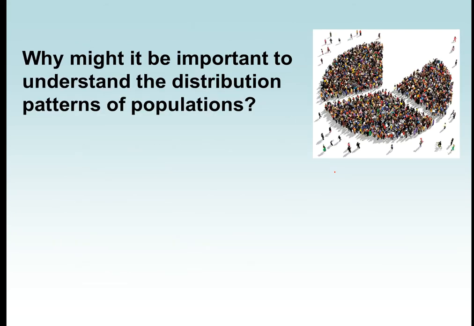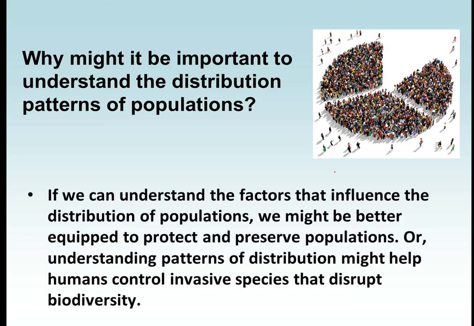Now, here's a question. Why might it be important to understand the distribution patterns of populations? Let's think about that for a second. Well, if we can understand the factors that influence the distribution of populations, we might be able to better equip ourselves to protect and preserve populations.